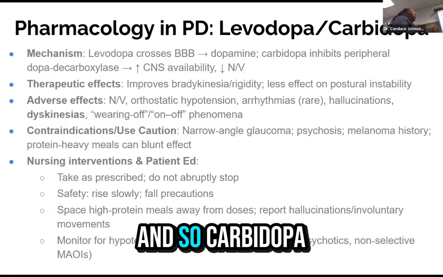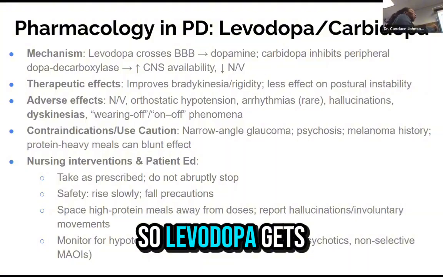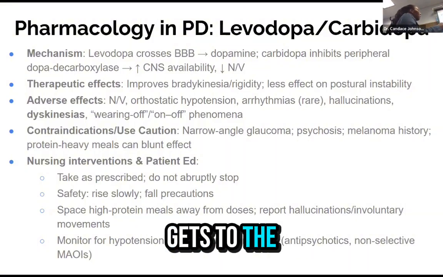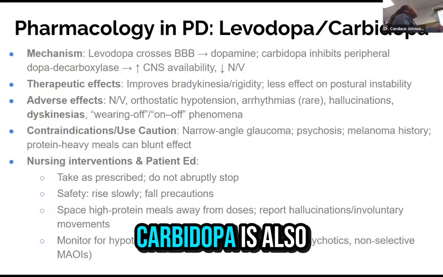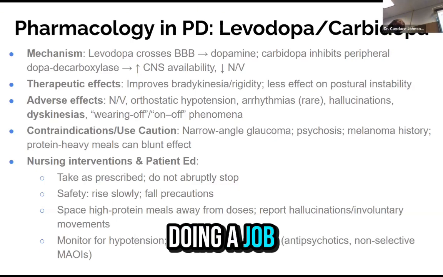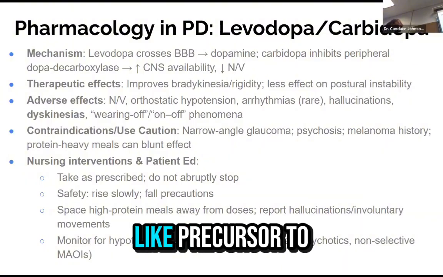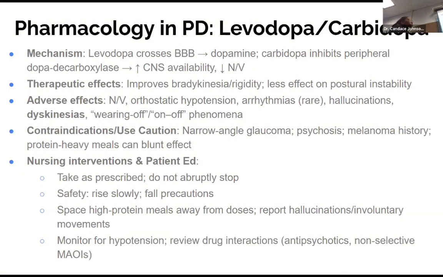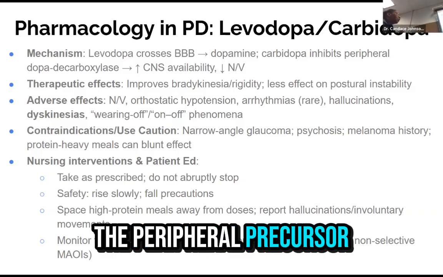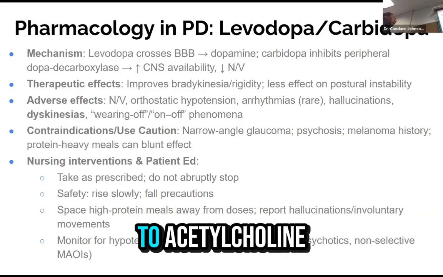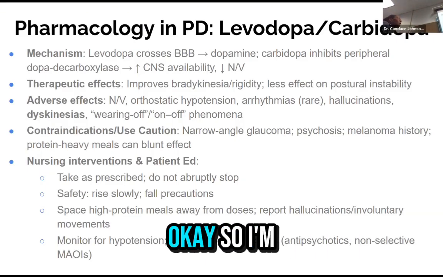Levodopa gets over there, gets to the dopamine receptors. Carbidopa is also doing a job by inhibiting the peripheral precursor to acetylcholine.